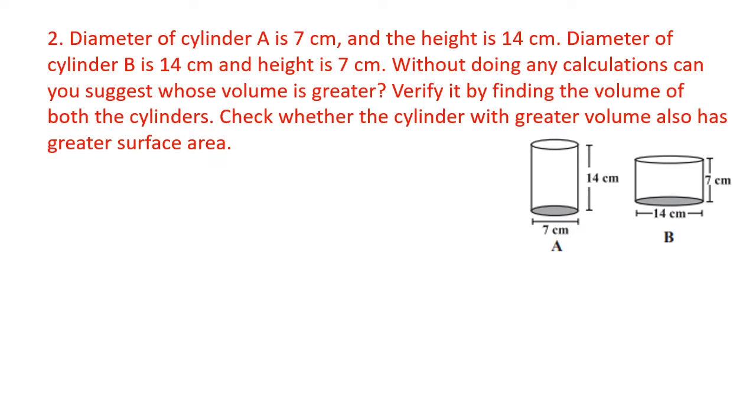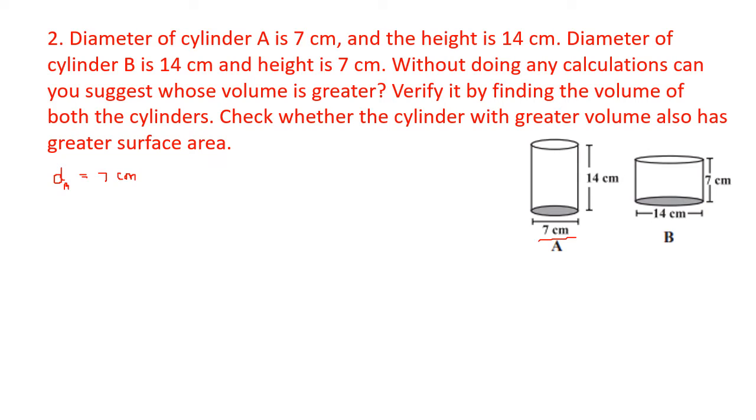The second sum in exercise 11.4 has got this. Diameter of cylinder A is 7 centimeter. So the diameter of cylinder A is 7 centimeter and its height h is 14 centimeter. So let me write in cylinder A the diameter. Diameter A is 7 centimeter.